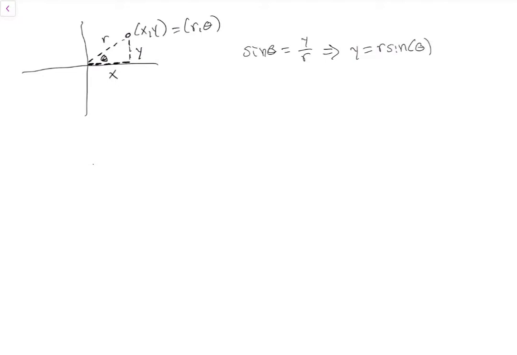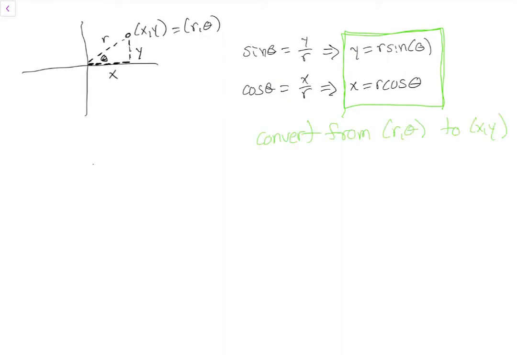So in other words, if we have the r theta ordered pair, we can then convert and find the y Cartesian coordinate. And then very similarly, cosine of theta is adjacent over hypotenuse, so that tells me x is r cosine theta. These two equations convert from r theta to Cartesian. How do we go in the other direction?